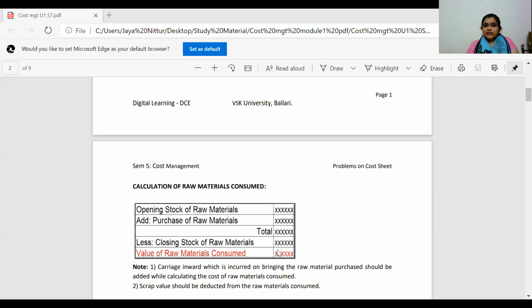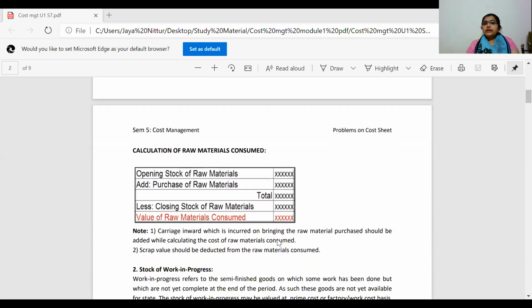Then we get the total amount of raw materials consumed in conversion of raw material into the final good or production. This is the important note we need to keep in mind while calculating the total raw material consumed.